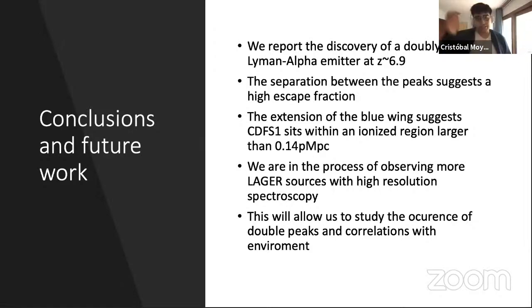As far as I understand, these profiles are really common in your local green peas. Yeah, you often find this. I couldn't put a number to it. As you go up to higher redshift, they become rarer and rarer because you need an ionized region for the photons to escape, and you need high resolution spectroscopy in order to resolve these double peaks.